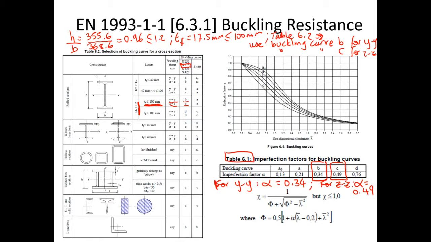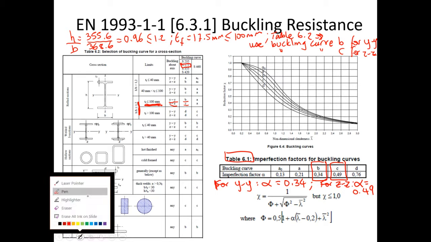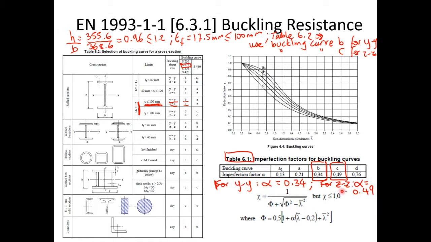So we've now got the imperfection factor. What we need to do next is work out the normalized slenderness value, and once we know that, then we can get the reduction factor.